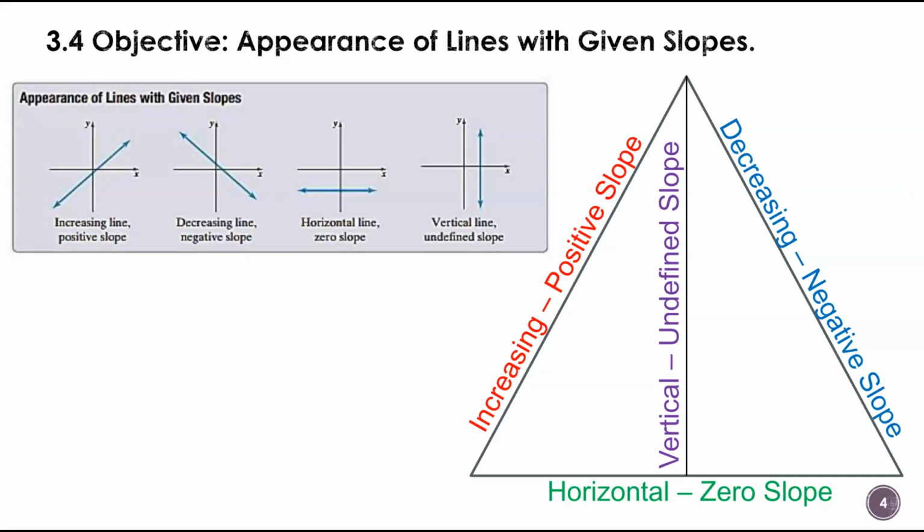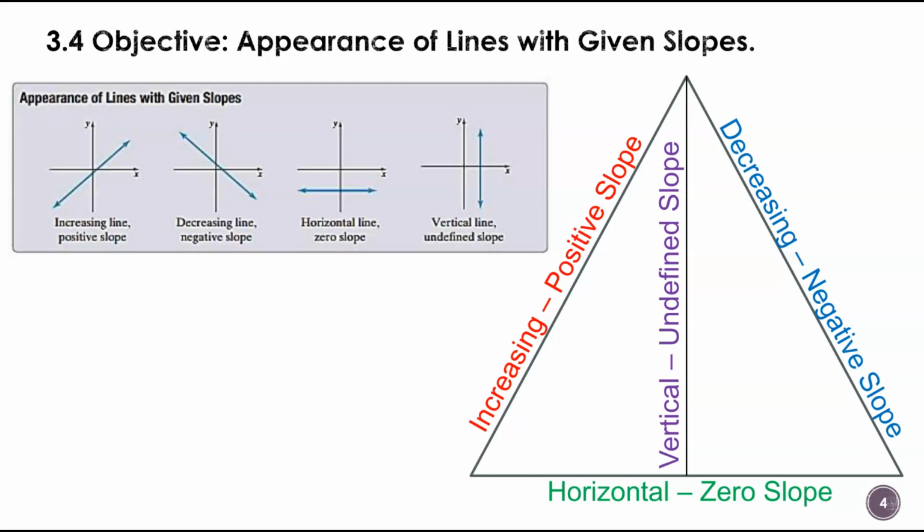And then we also want to talk about what it looks like when we're just looking at slope. If we're looking at a line on the graph, we know something about it just by looking at the line. If a line is rising to the right, it's called increasing. Increasing, or rising to the right, is a positive slope.